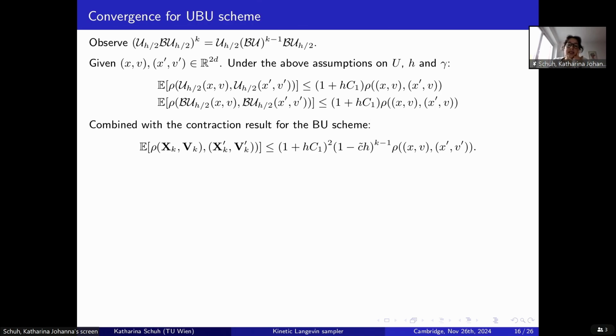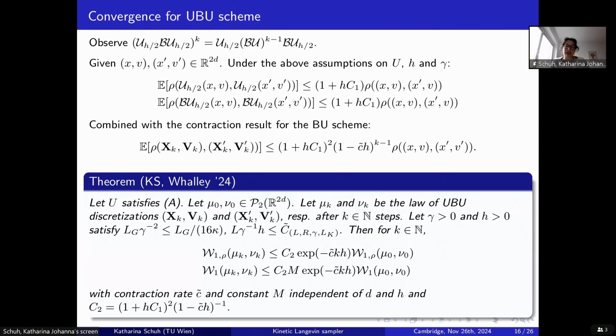And then the idea is that we get a contraction result for the UBU scheme by just combining it with the contraction result of the BU scheme. And this gives us then this contraction result in Wasserstein one distance, here paying a price of having an additional constant C2, which is of this form here. But still our constant M is independent of d and h, and also our constant C2 can be controlled independently of h.